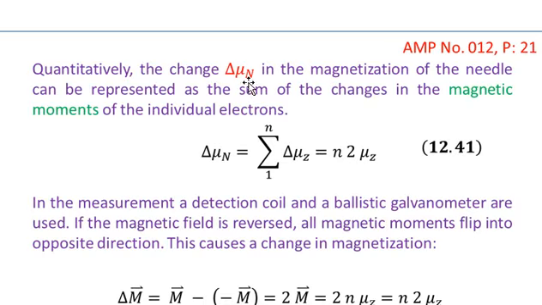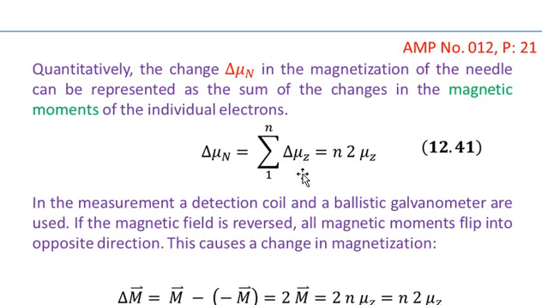So this delta mu n can be represented as the sum of the changes in the magnetic moments of the individual electrons, which is written in equation number 41. So delta mu n is equal to the summation over 1 to n of delta mu z, where delta mu z is the change in the z component of the magnetic moment of the atom.